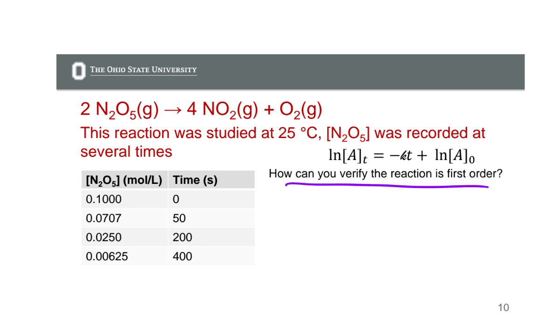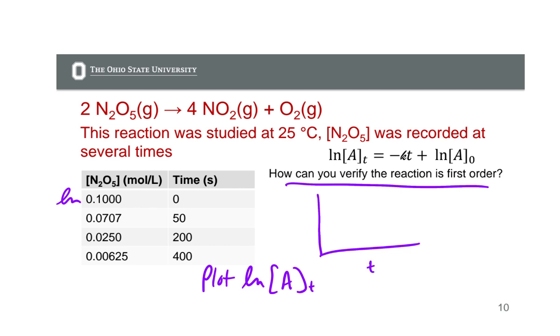We could also start with plotting natural log of the concentration versus time. So we could take the natural log of 0.1 and plot that versus time and go on down the table.